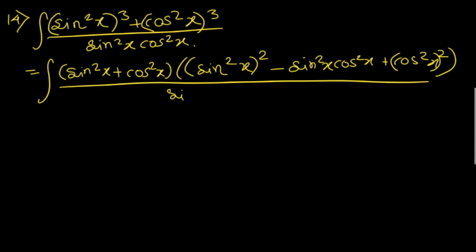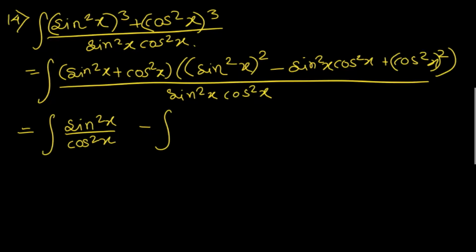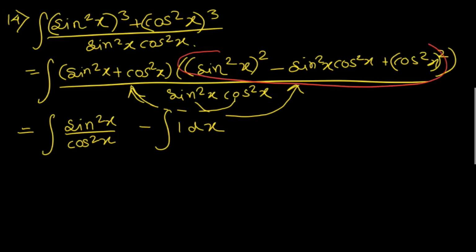we are left with what? Sin square x cos square x. Sin square x by cos square x minus integration of cos square x by cos square x, which gives 1 dx. See, these terms we are multiplying with this whole term, taking this as the denominator, and the multiplying sign is obviously there.